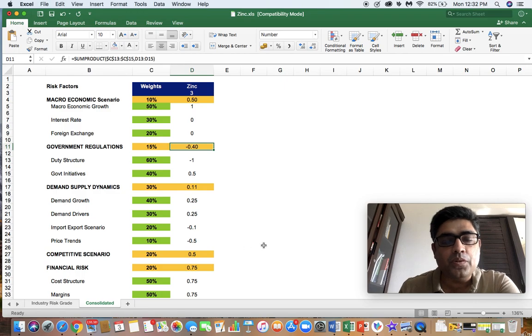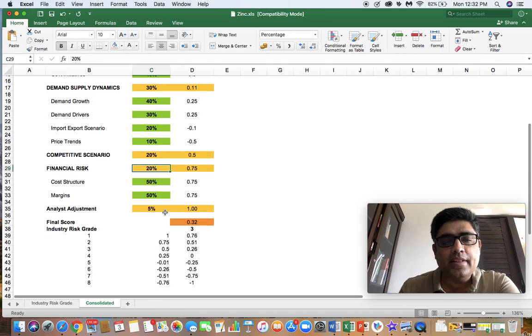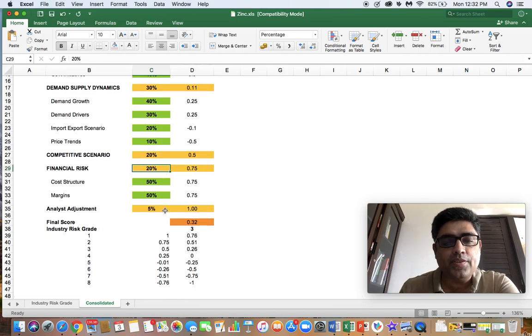So that's how it goes for all the broader head figures that you get to see, and these are the different weightages which are taken for the broader heads, right? There is an element of analysis adjustment which is also taken into consideration, so that it tries to take into account the figures around sentiments or certain specific information which is with the analyst due to the level of analysis that has been undertaken, right?